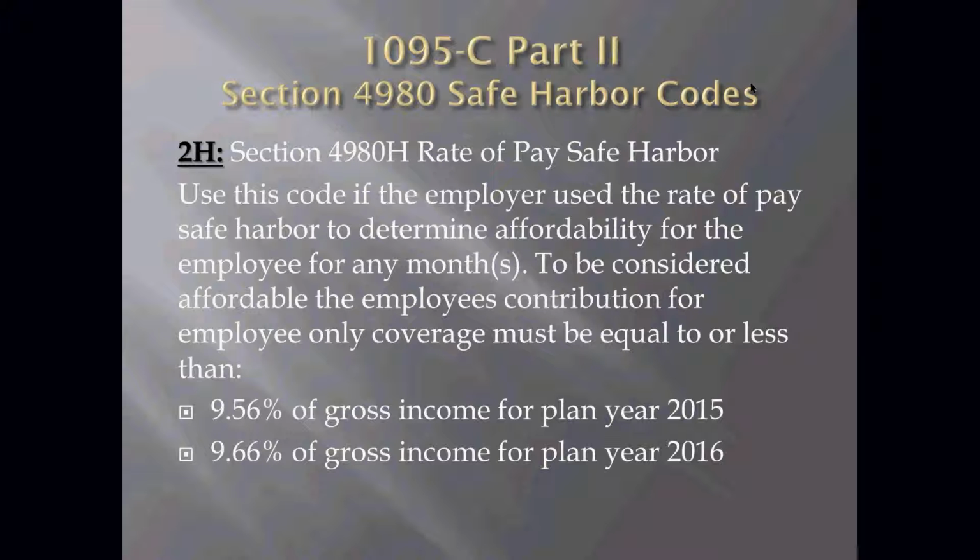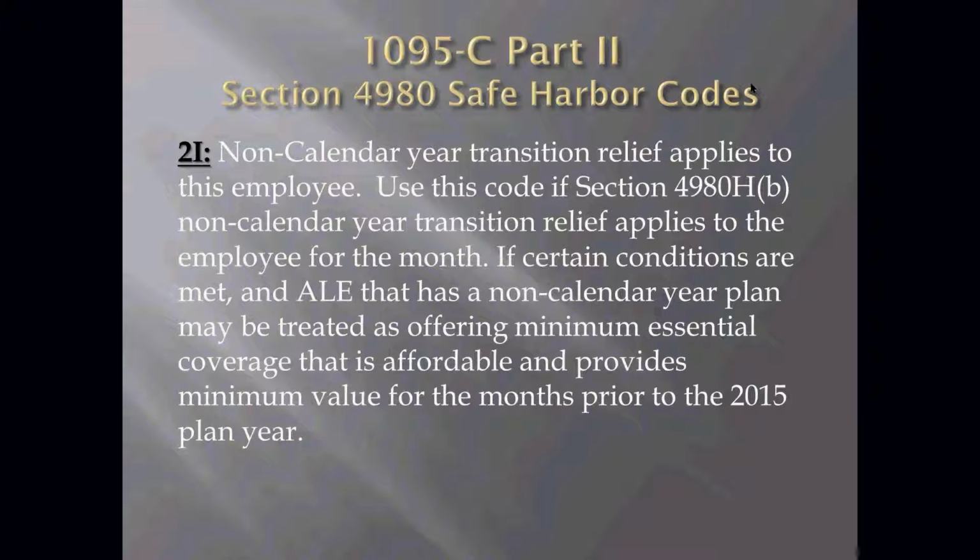Any questions on code 2H? So 2I is non-calendar year transition relief. Certain conditions have to be met on this, and you have to have a non-calendar year plan that's maybe treated as offering minimum essential coverage that's affordable and provides minimum value for the months prior to the 2015 plan year.